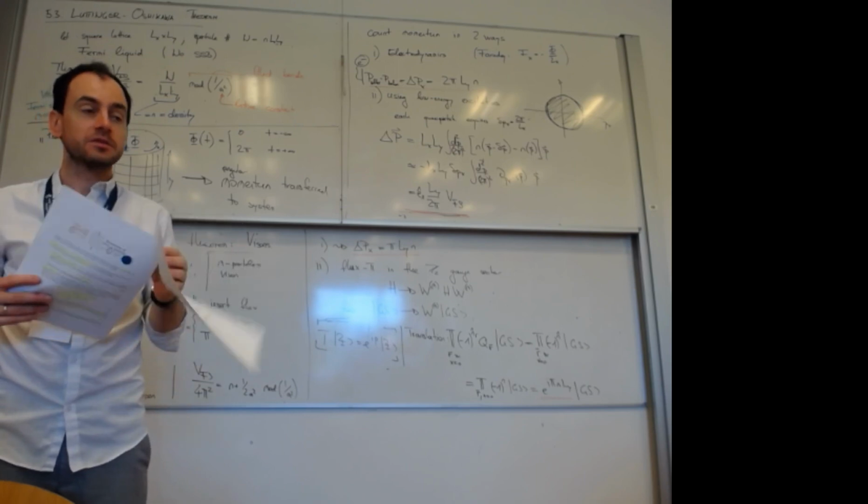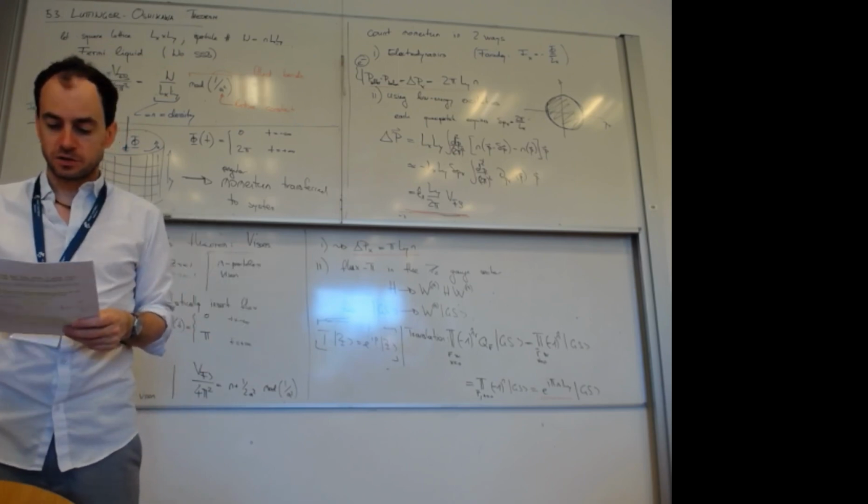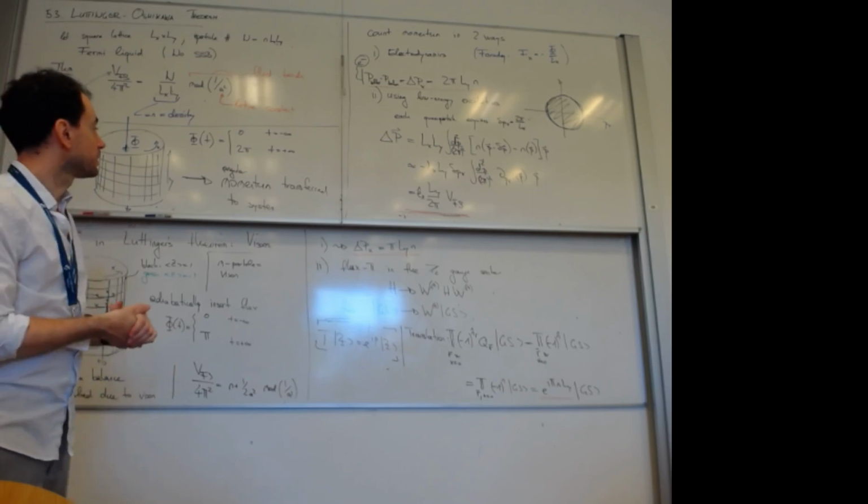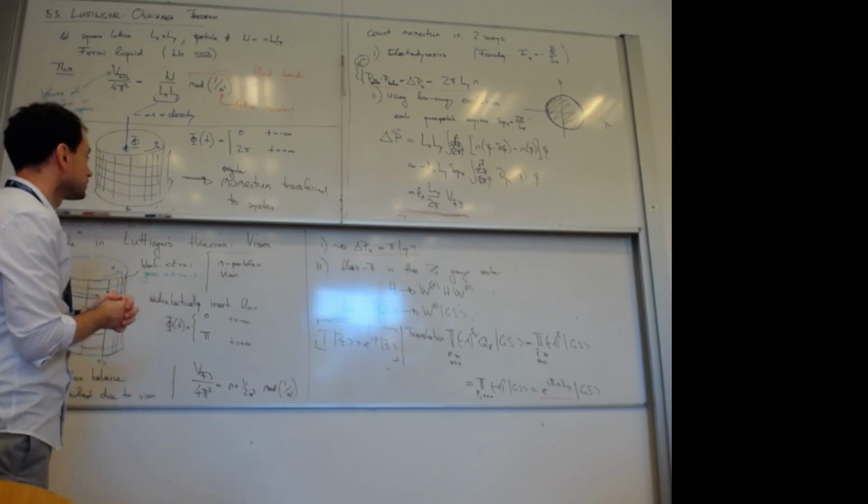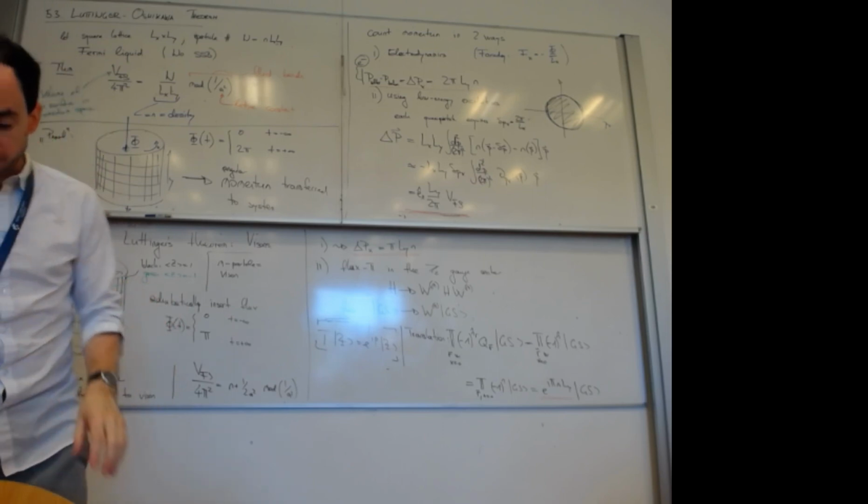Okay. So the last bit on the fermions in the toric code, I wanted to discuss the fermionic Green's function.